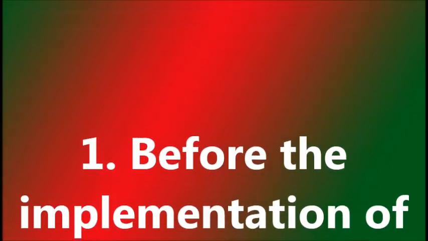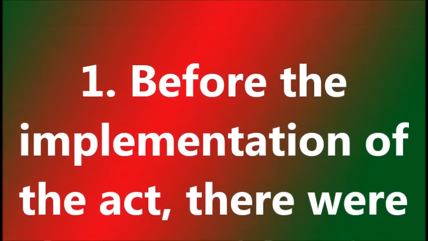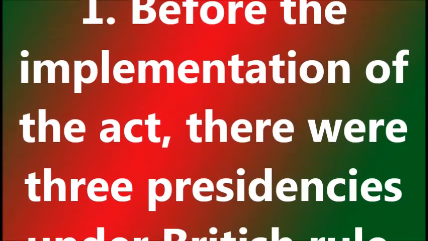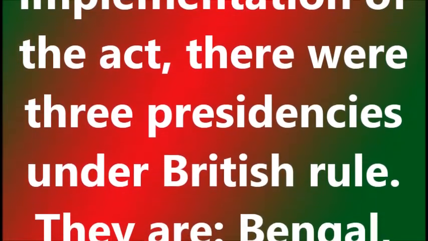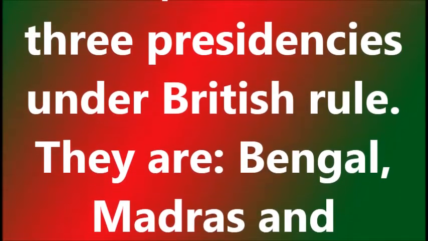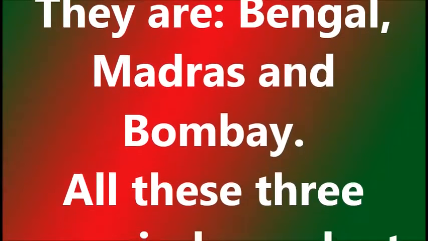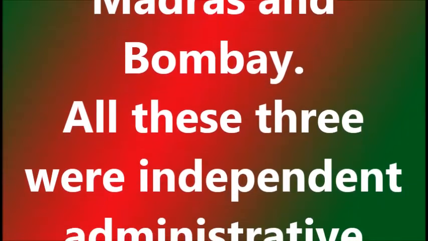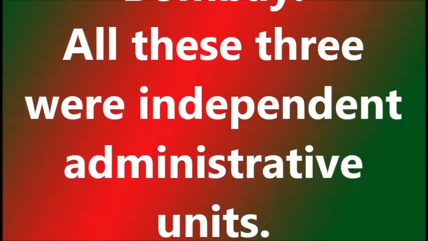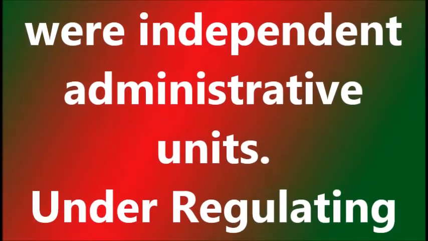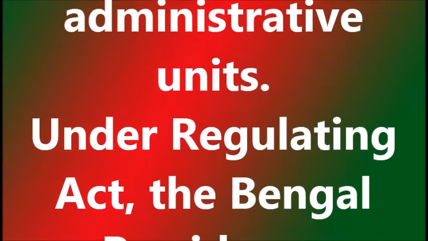Before the implementation of the Act, there were three presidencies under British rule. They are Bengal, Madras, and Bombay. All these three were independent administrative units.